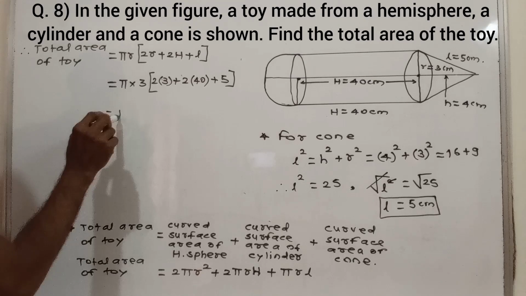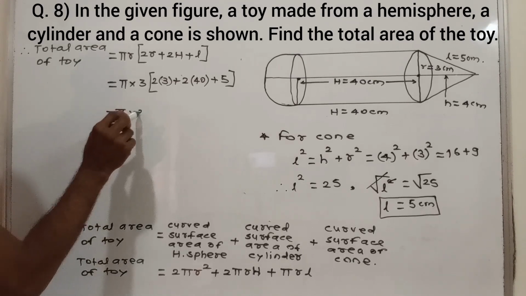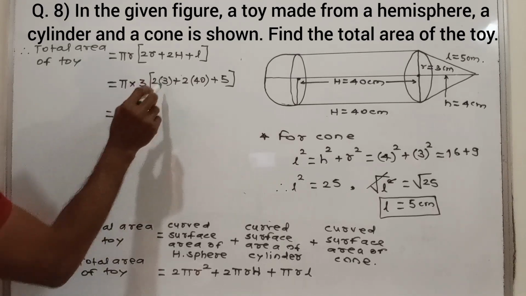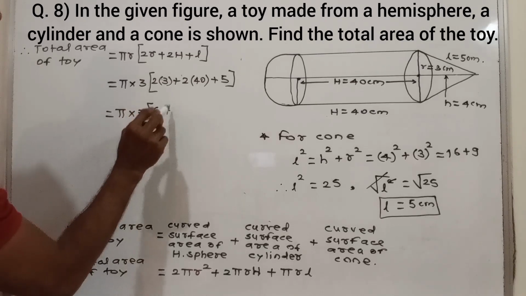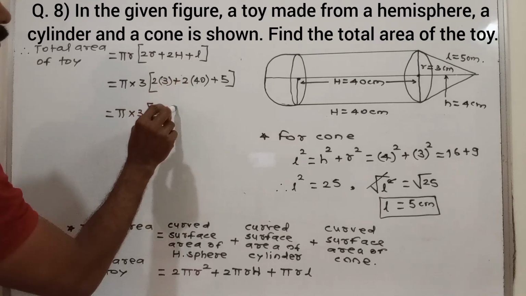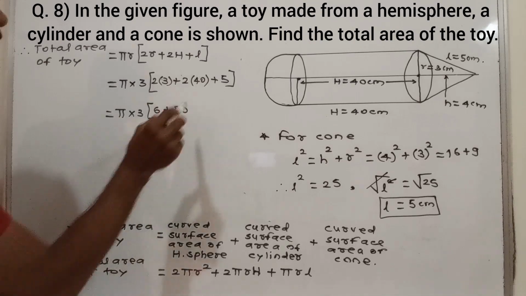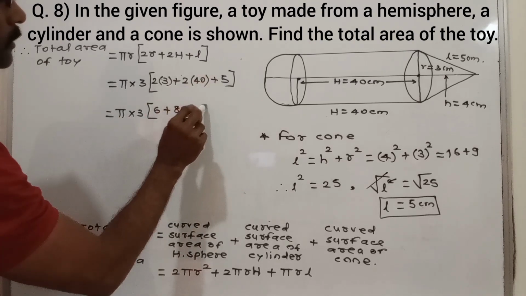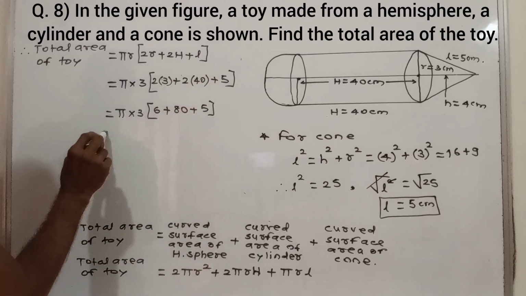Therefore pi into 3, 2 into 3 is 6, 2 into 40 means 80, plus 5.